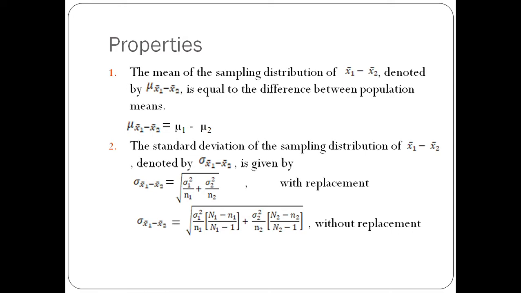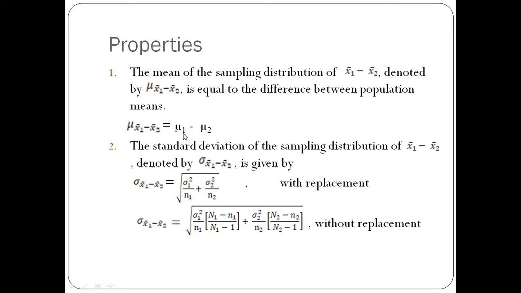The first property is that the mean of the sampling distribution of the differences between means, that is x bar 1 minus x bar 2, denoted by mu of x bar 1 minus x bar 2, is equal to the difference between the population means.